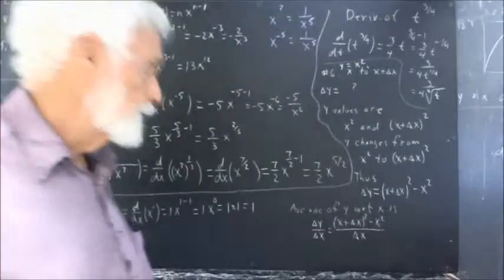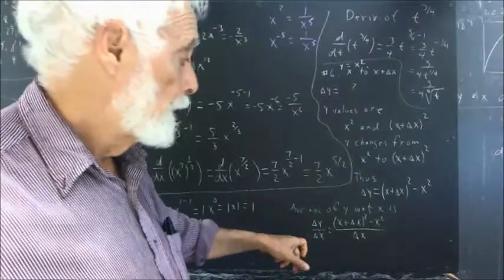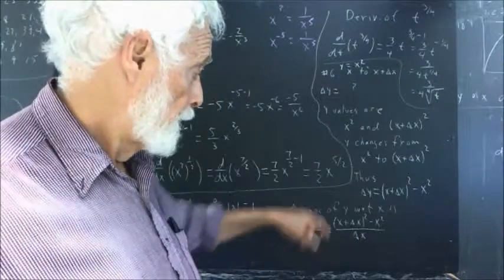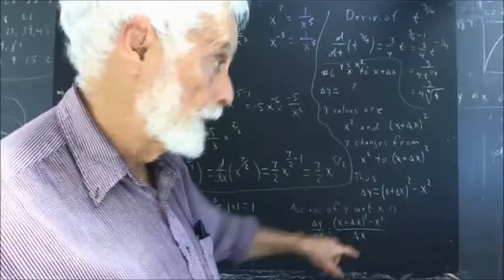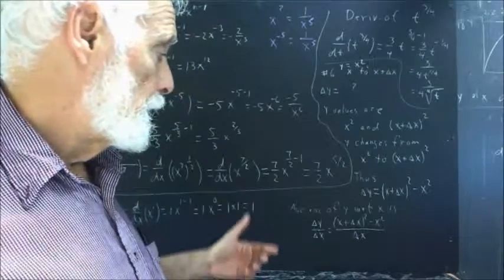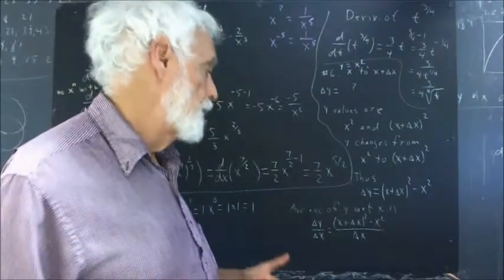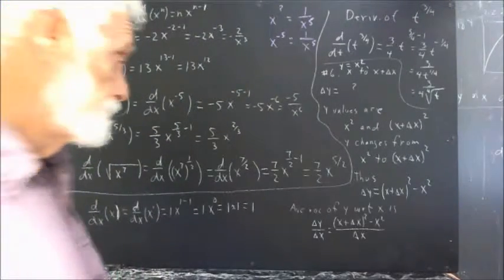Okay? So the average rate of change of y with respect to x is the change in y divided by the change in x, which is x plus delta x, quantity squared minus x squared over delta x. Same thing we did last time. And if we want to get dy dx, I'm just going to kind of add that in.